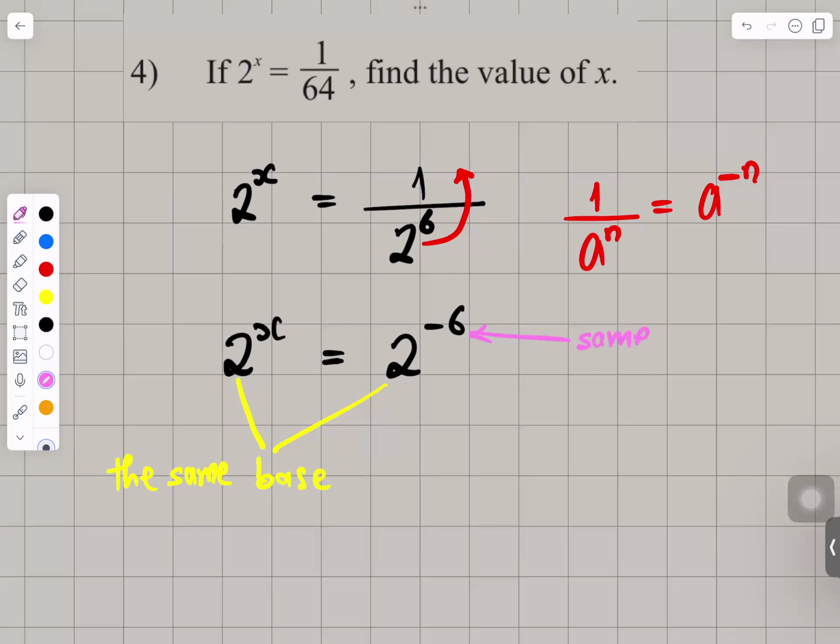So that means x is equal to minus 6. And that will be your answer. And you can mark it with your green pen. So that's how you do those questions.